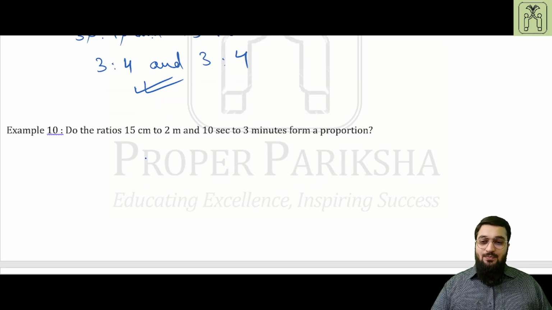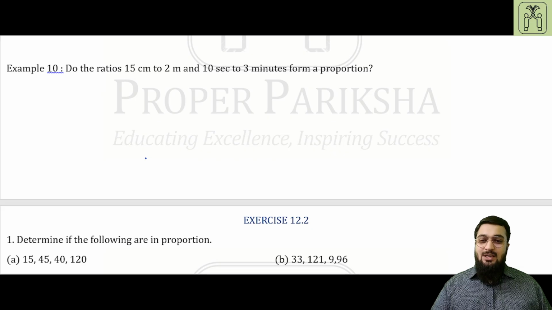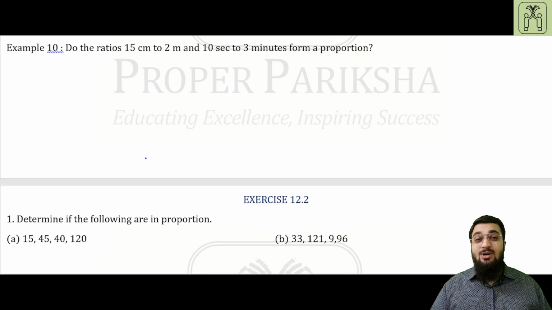Example number 10. Do the ratios 15 centimeter to 2 meter and 10 seconds to 3 minutes form a proportion? Now comes the unit conversion part, because 15 centimeter and 2 meter are different, and one is measuring time and the other is measuring length.